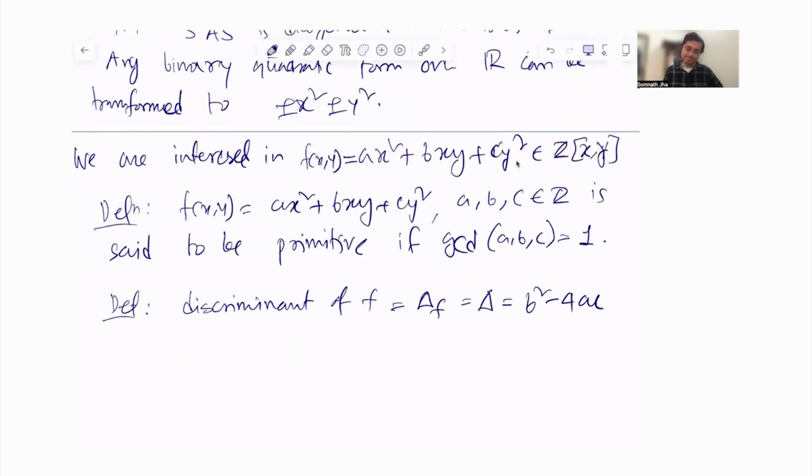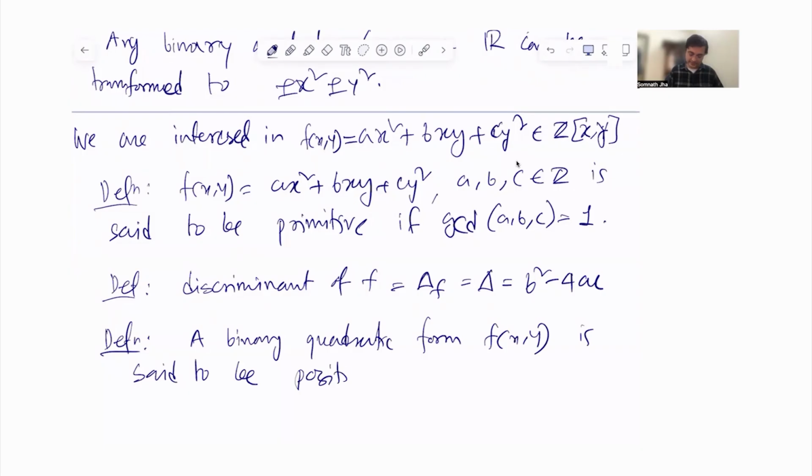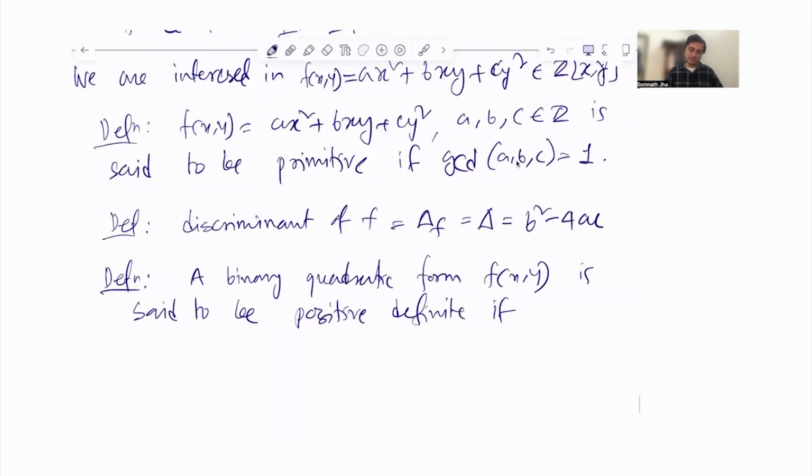And definition: a binary quadratic form f(x,y) is said to be positive definite if the discriminant is negative and a is positive, or c is positive.